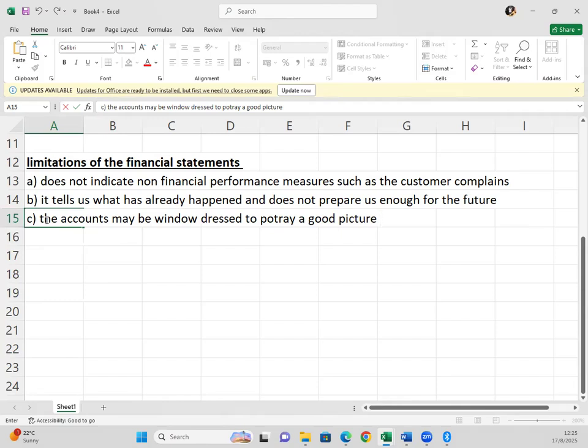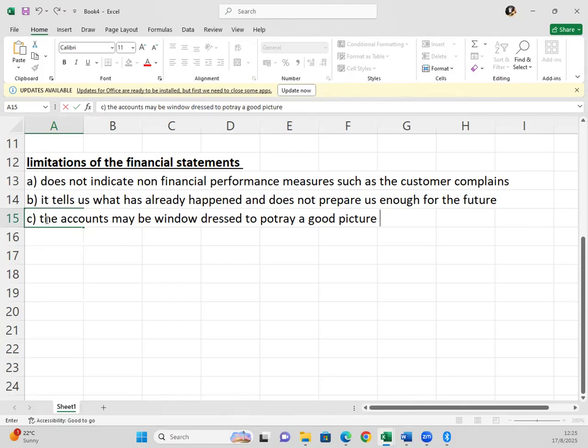There are certain areas where the managers can play around, so it reads as if the company is doing well while it's not, especially in areas that are judgmental, such as estimation. If my expenses are estimated at 100, they can say my expenses are 120, or they can understate expenses.